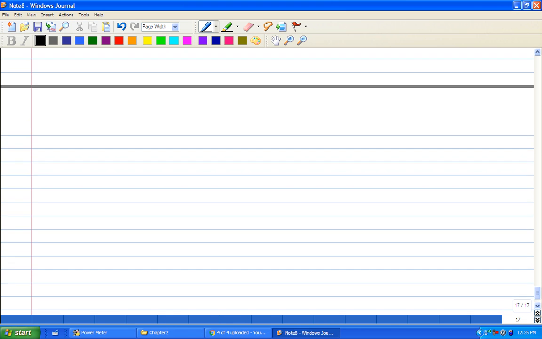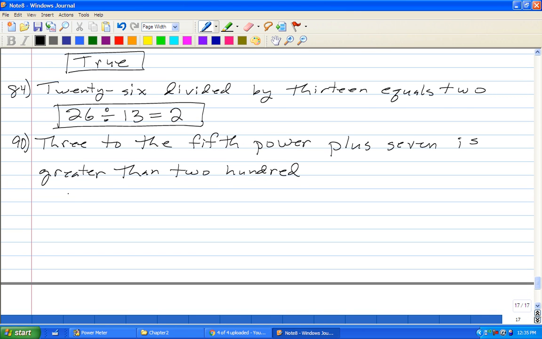Okay, so let's translate this. So this is 3 to the 5th power plus 7 is greater than 200.